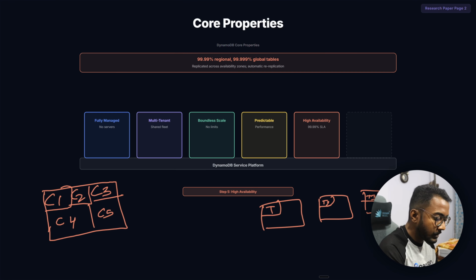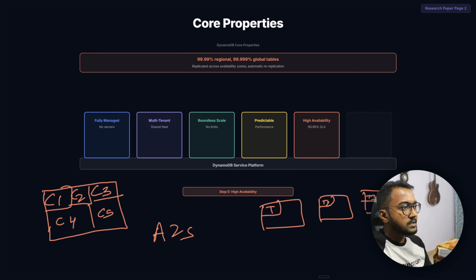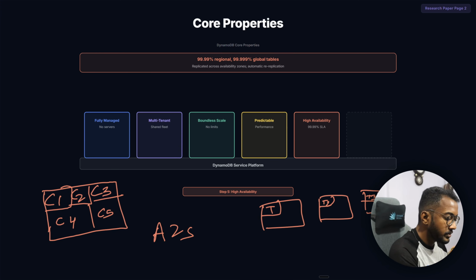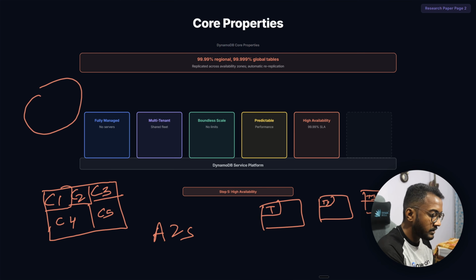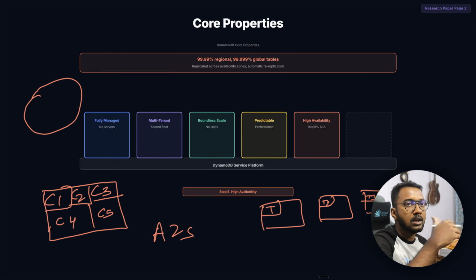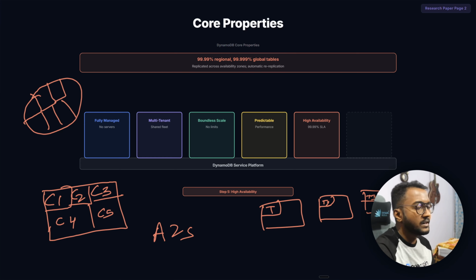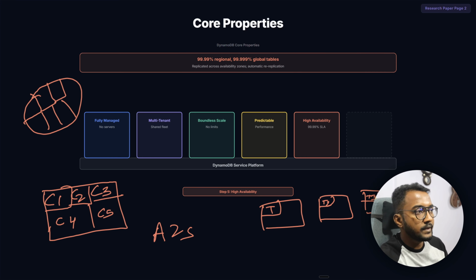If you know about the concept of AZs, the availability zones, there are globally distributed AZs. The world is divided into, let's say, 30 or 40 plus AZs, and the same data can be replicated on multiple AZs depending upon how you have configured it.